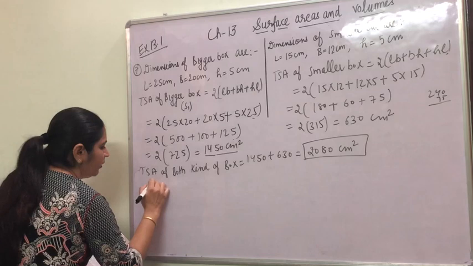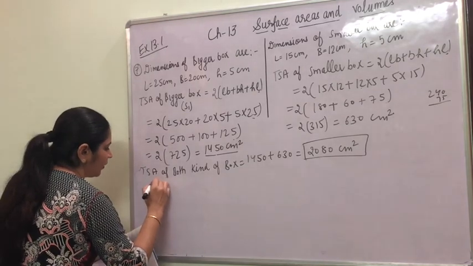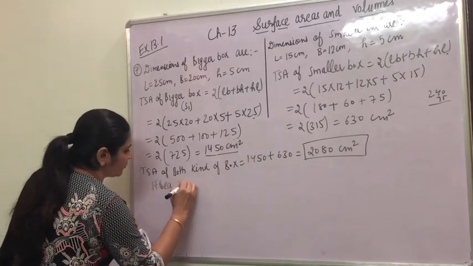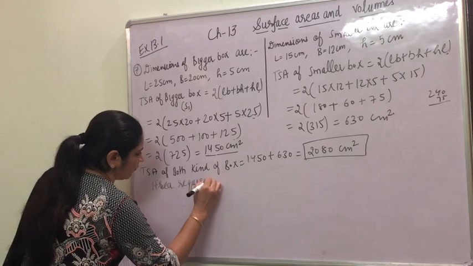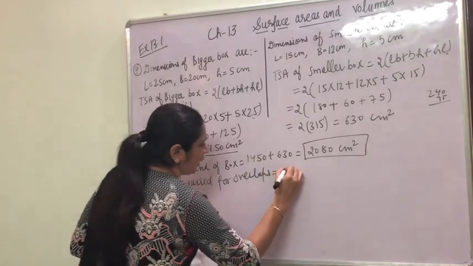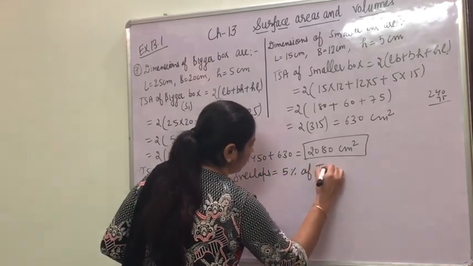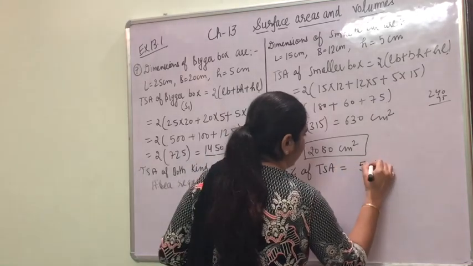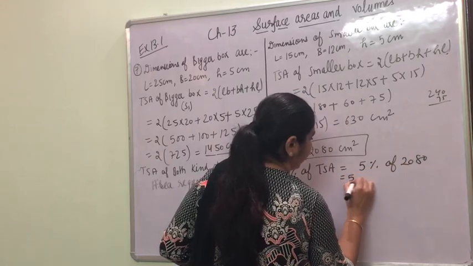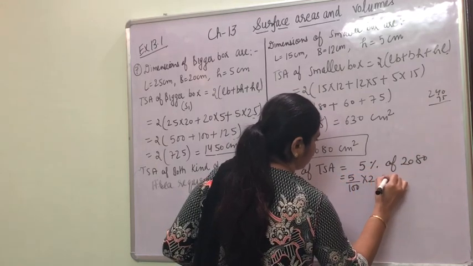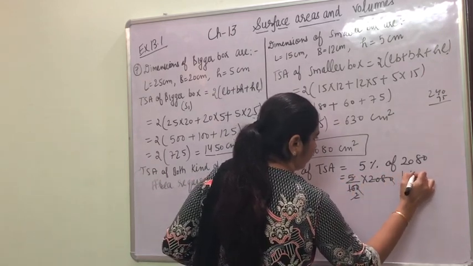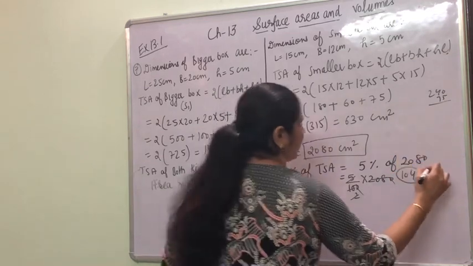Now we are finding area required for overlap, which is 5% extra of the total surface area, which is equal to 5% of 2080, which is equal to 5 by 100 into 2080. 0 and 0 cancel. 5 2s are 104 centimeter square.